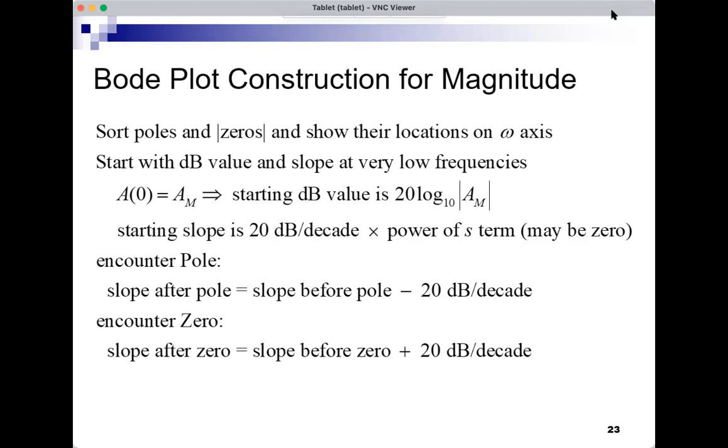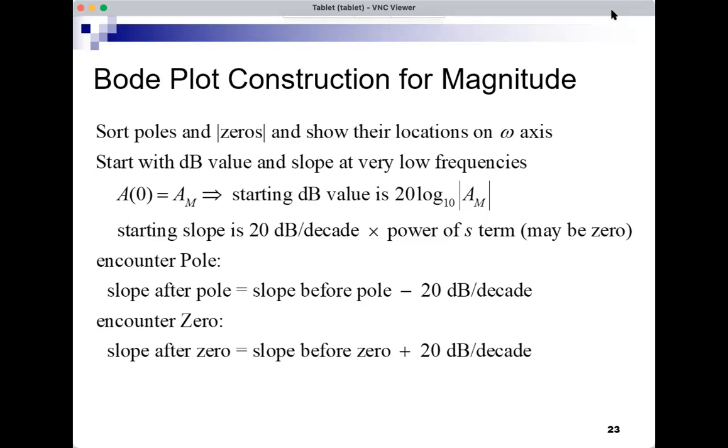If we encounter a pole, if we meet a certain frequency, which is a pole frequency, the slope of the Bode plot after the pole would be the slope before the pole minus 20 dB per decade. If we encounter a 0, and that can be an absolute value, then the slope after the 0 would be the slope before the 0 plus 20 dB per decade.